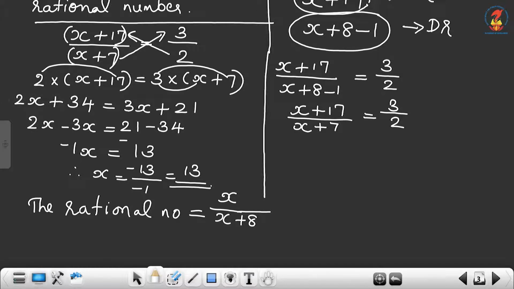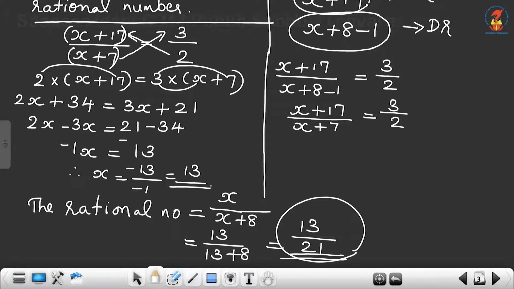See, we got the value of x as 13. Substitute there: 13 by 13 plus 8, equal to 13 by 21. So, the required rational number is 13 by 21.